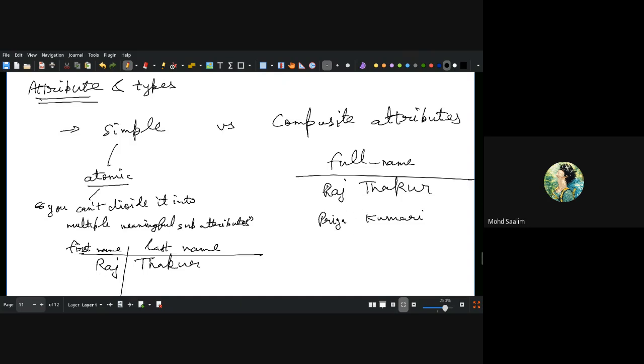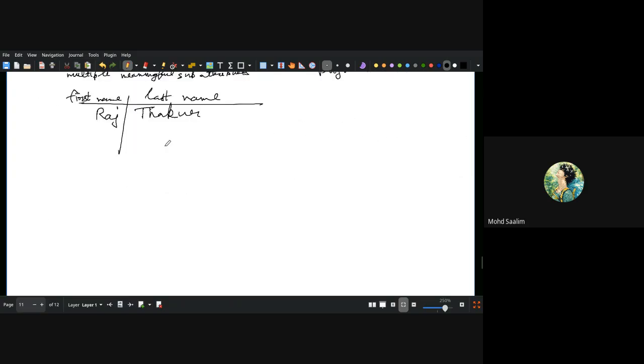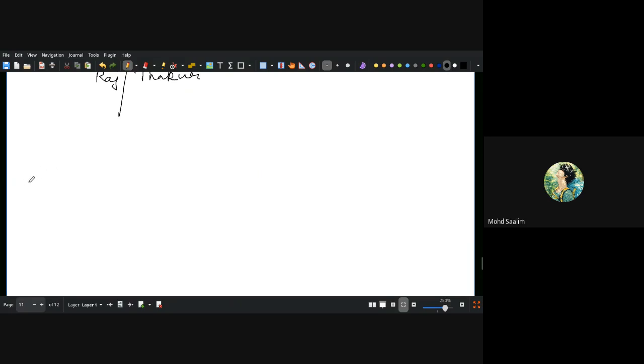But here, if I break Raj Thakur into two parts, Raj and Thakur, then both of them will still be meaningful in themselves. So these type of attributes, those that are able to be divided into further sub attributes, are called composite attributes. So this is the difference between simple and composite attribute. Okay. Now the next distinction is between single valued and multiple valued attributes.